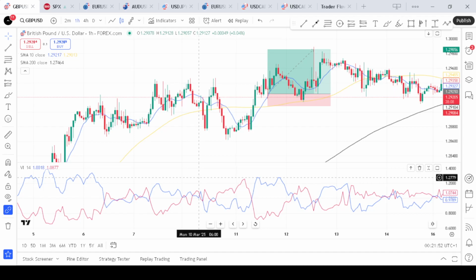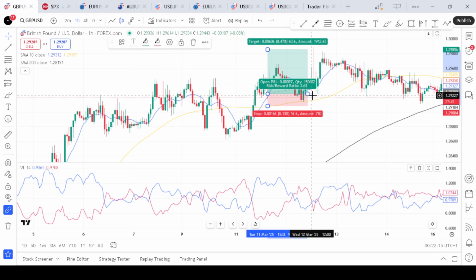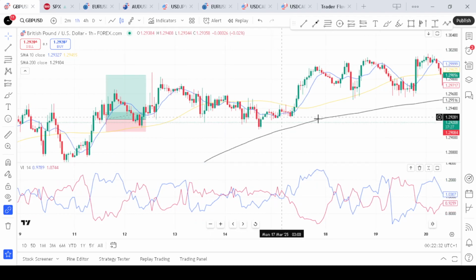This approach helps ensure that no single trade can significantly impact your overall trading account. Risk management is so important. By combining the Vortex indicator with the moving averages and implementing strict risk management rules, you can develop a robust trading strategy that aims to capture trends while minimizing potential losses.